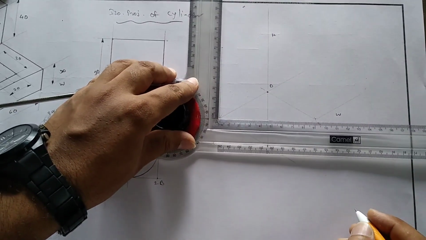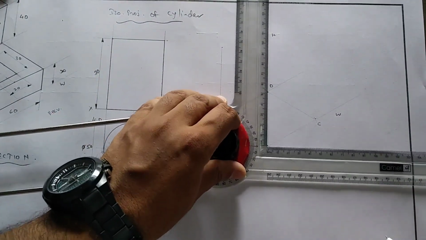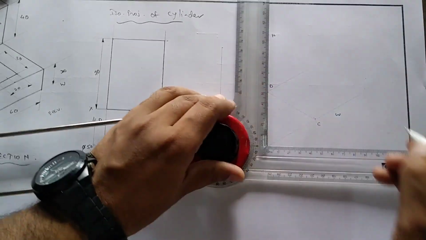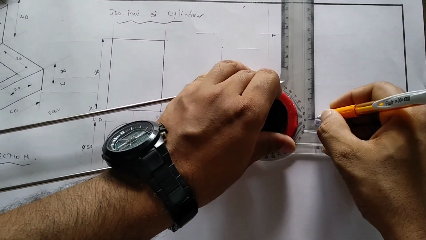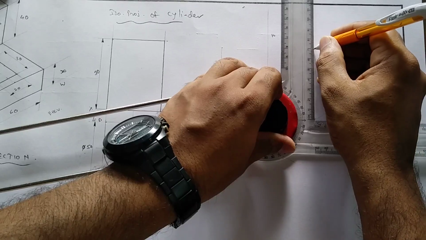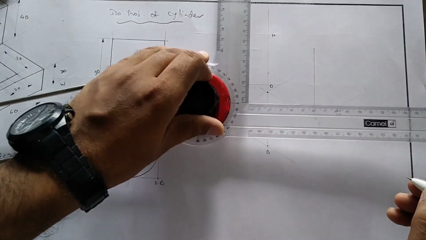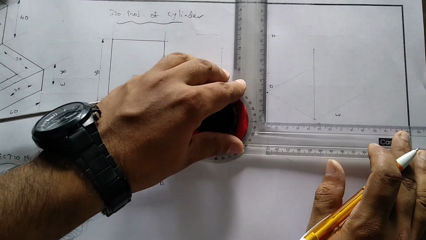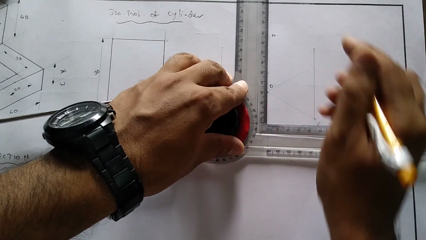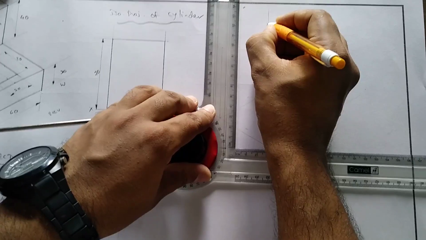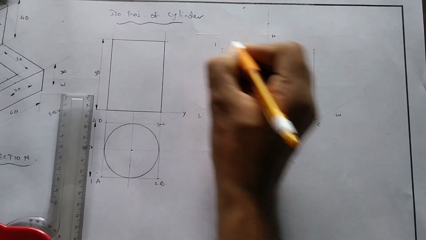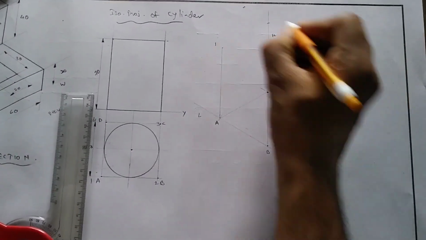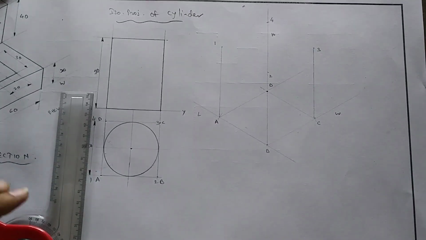70, 70, 70, and 70. So this would be the 1, 2, 3, and 4.